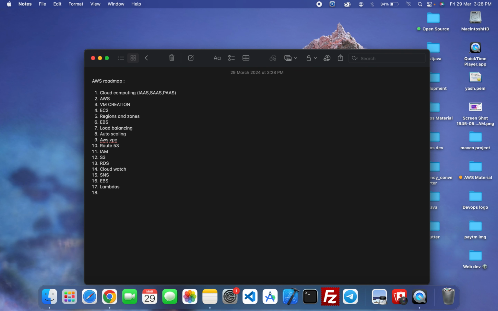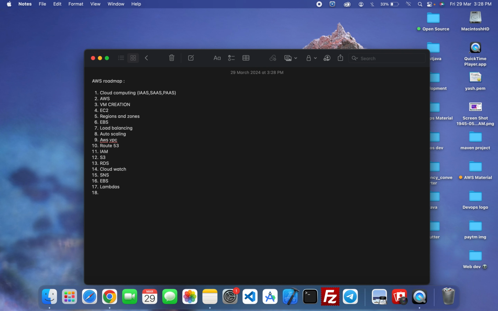AWS Lambda is used for serverless computing. So we want to learn what serverless computing is and its advantages, how we can create a Lambda, how we can invoke Lambdas, and how we can deploy our application to Lambdas.